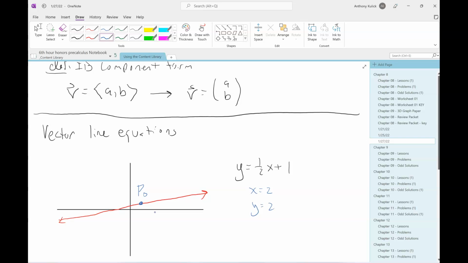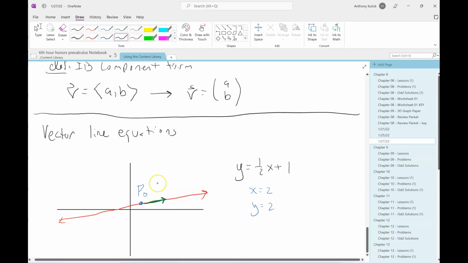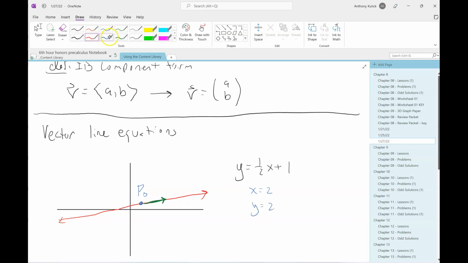So what we're going to want is a way to represent a vector equation to describe the same thing as this line. If I have some arbitrary point, I need a vector to do this, or a vector to do that, right?